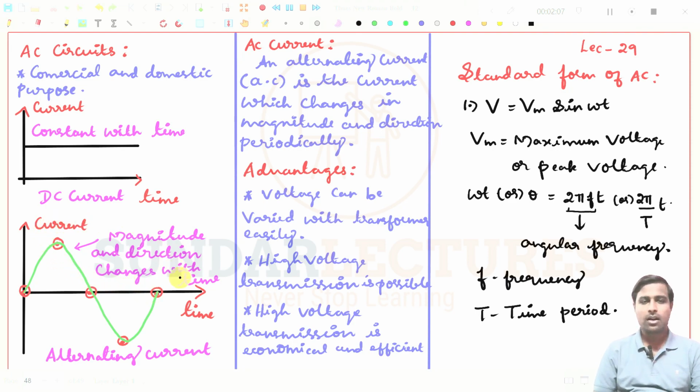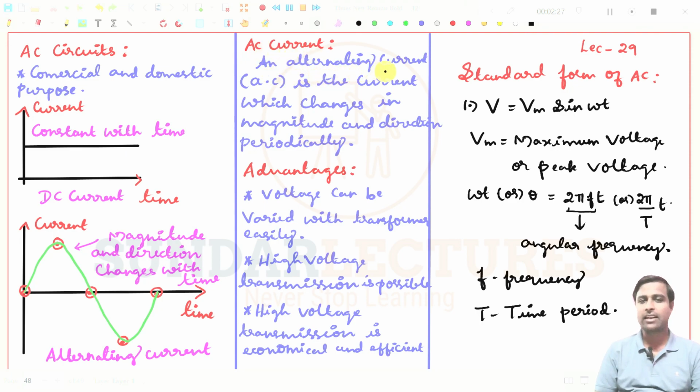So what is an AC or alternating quantity? Alternating quantity means it alters with respect to time, whereas direct current quantities do not change with respect to time. So that is what we have written here.